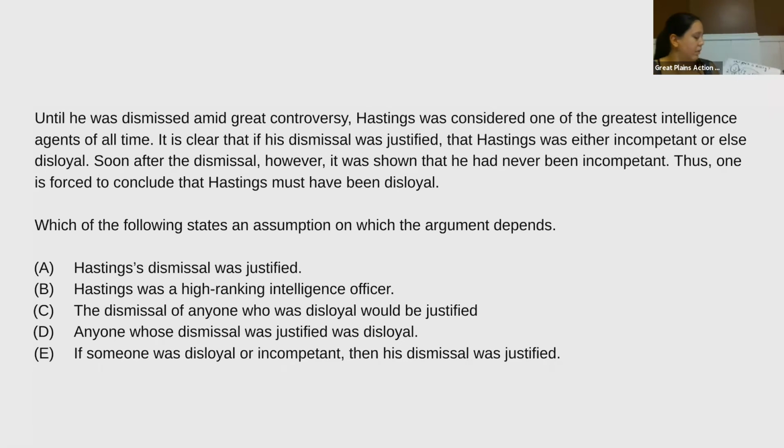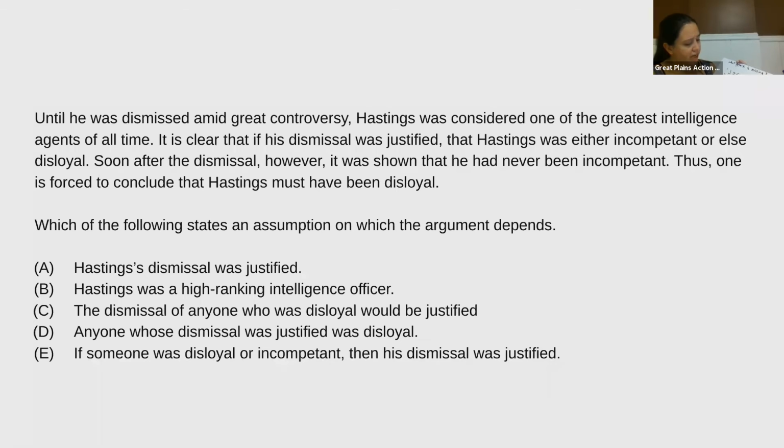I'll make it all clear. So if justified, then incompetent or disloyal. Not incompetent. And we're looking for the conclusion, disloyal. So what do we need?